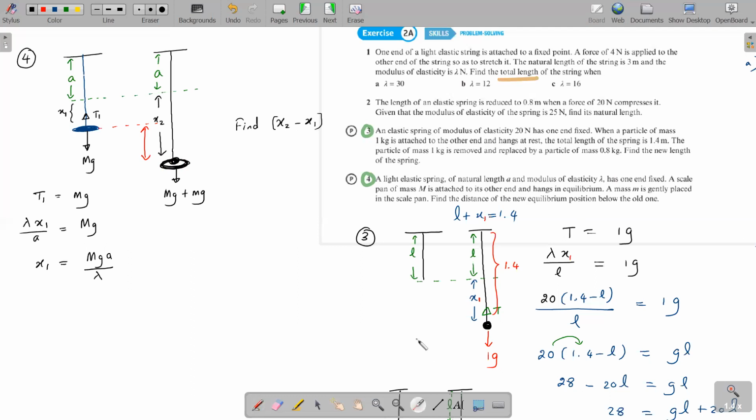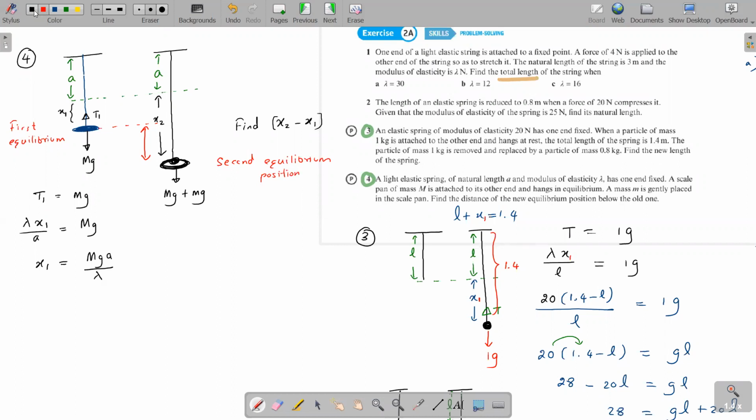The difference between the two equilibrium positions will give you the distance of the new equilibrium position below the old one. This is the first equilibrium position, and this is the second equilibrium position. Equilibrium position means it's at rest there, it's not moving.